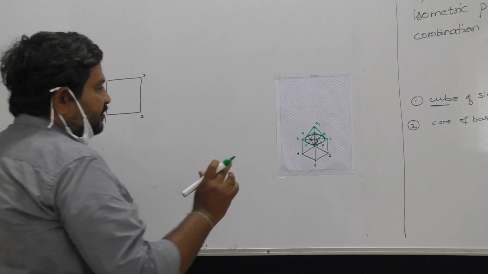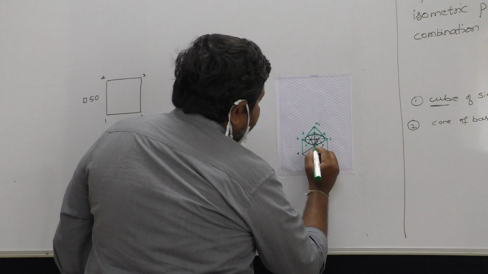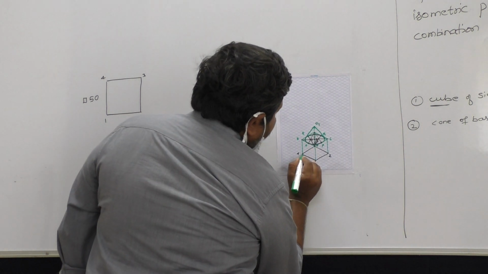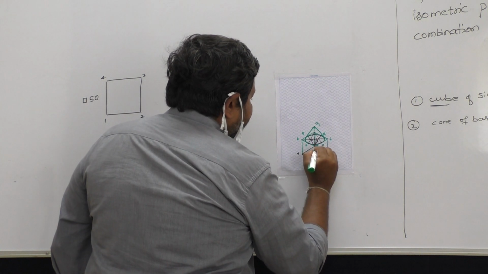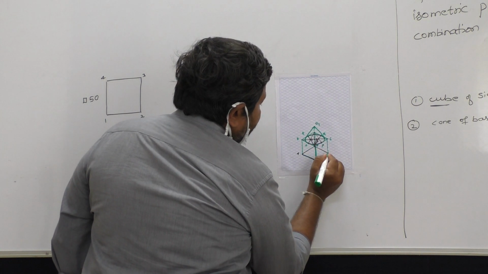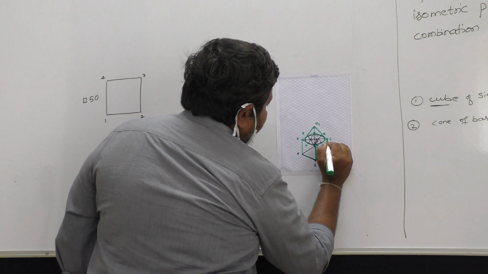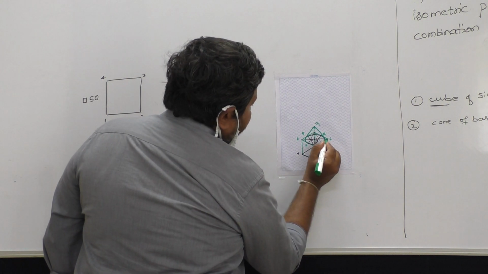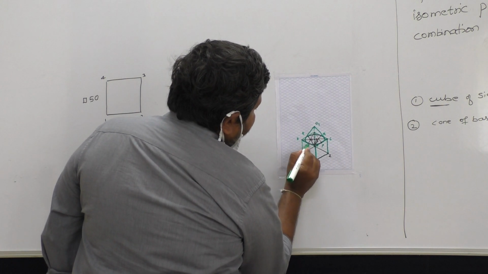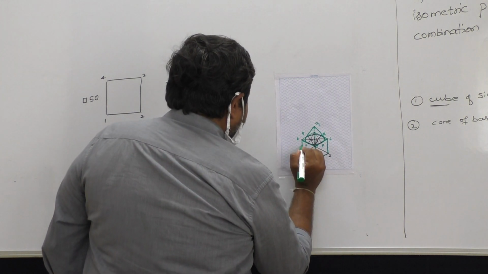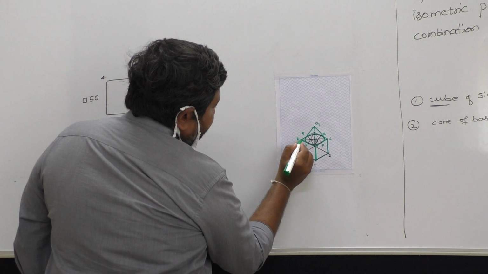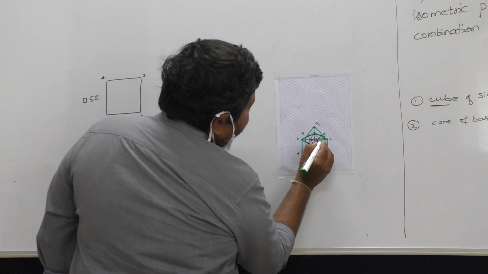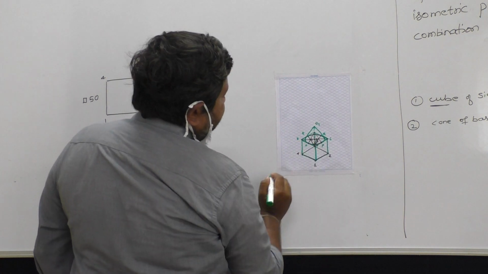Now when you observe from the front, whichever edges are visible, make them thick lines. This line is visible, make it thick, this line is visible, this is also thick, this is a visible line, and this is also a visible line, and only this portion will be visible here, make it thick, and this portion is visible.